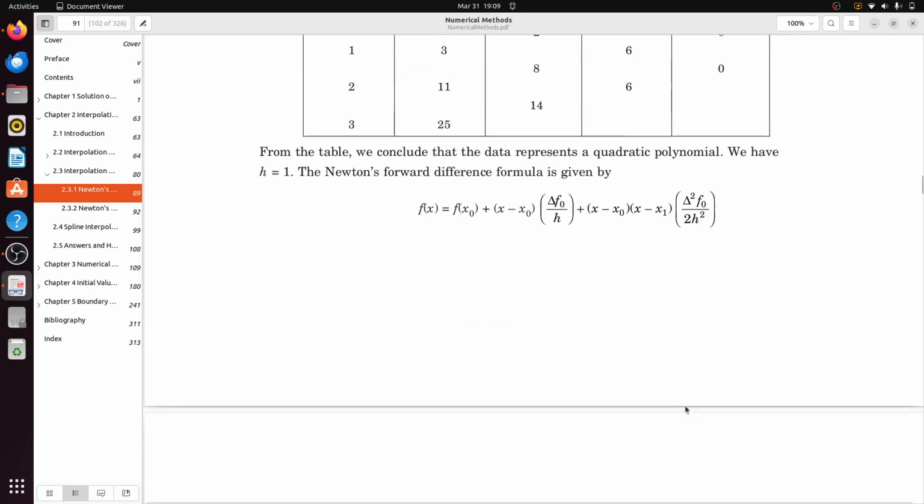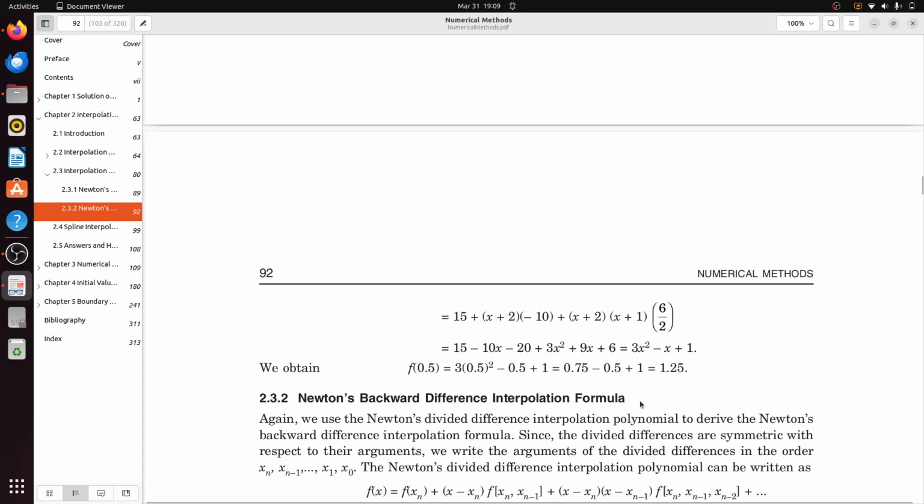So you will compute it to be 15 plus x plus 2 into -10 plus x plus 2 into x plus 1 into 6 by 2. So your interpolating polynomial is thrice x square minus x plus 1.